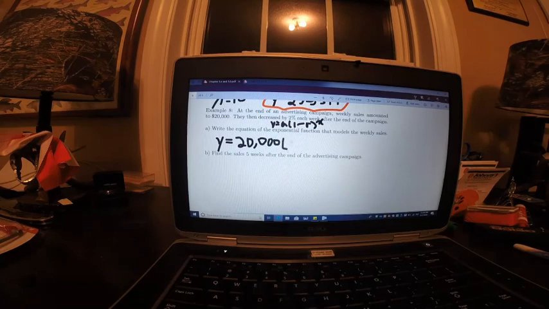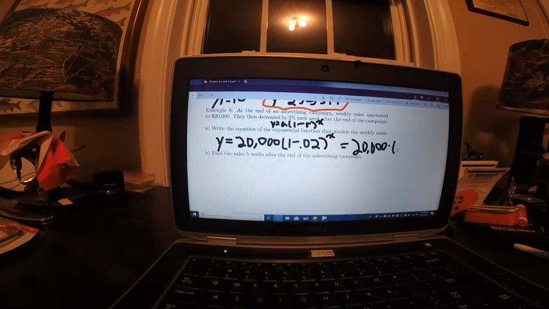times, and I'll do the extra step here, 1 minus 0.02, because we're decreasing by 2% each week. We're going to raise that to the x. Okay. Now, we obviously need to simplify. So, 20,000. I know my handwriting is really not great when I'm trying to use a computer and a little mouse pad.